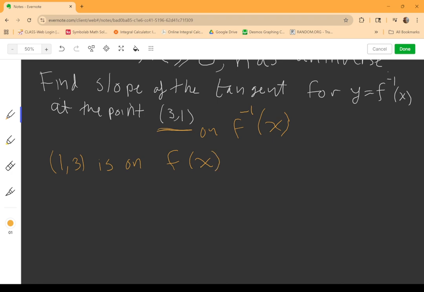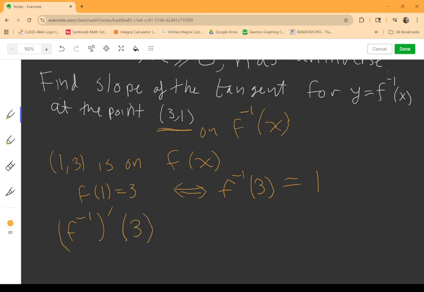In other words, f of 1 is equal to 3, if and only if f inverse of 3 is equal to 1. And what I'm tasked to find is the value of this.